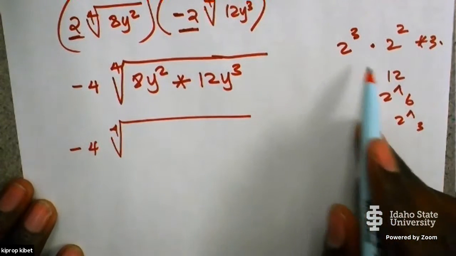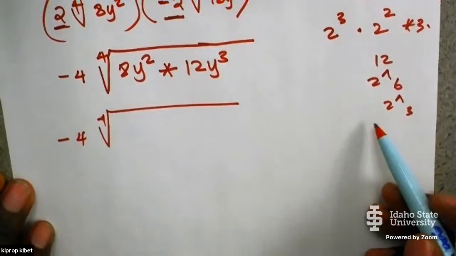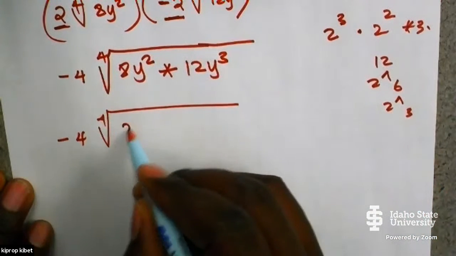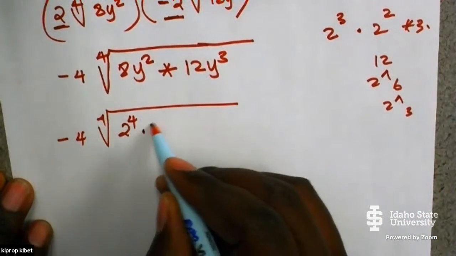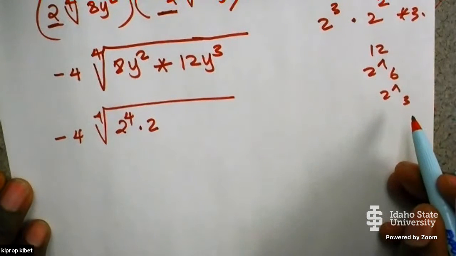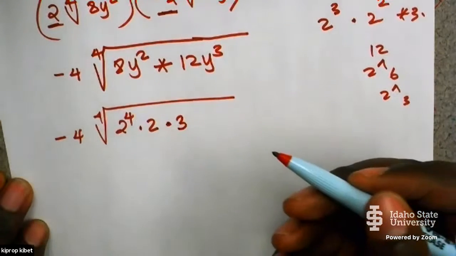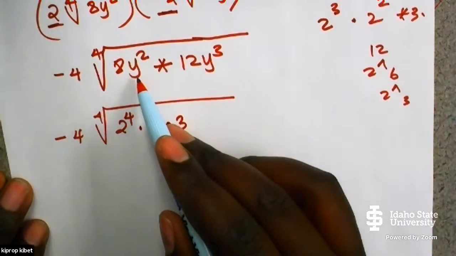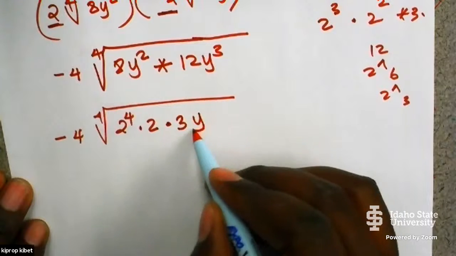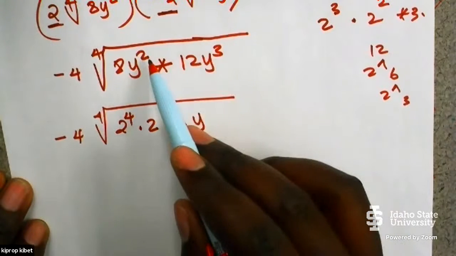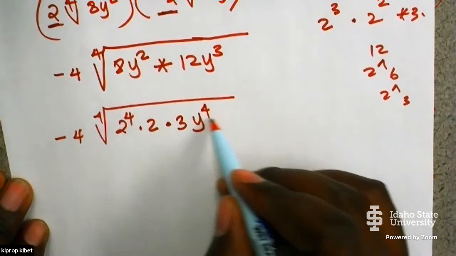How many 2's are there in total? 5. So that means it will be 2 raised to 4 times what? Times 2, which is remaining, times 3, which is there. And then y. Y are 5, right? So y to the 4, and then what?